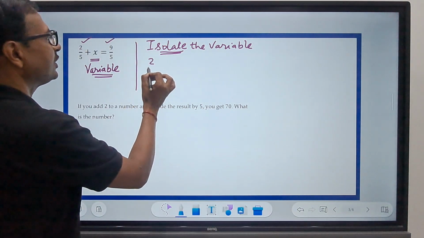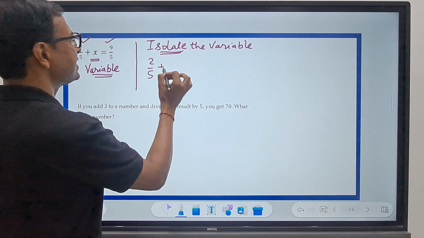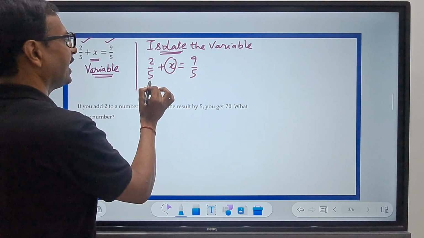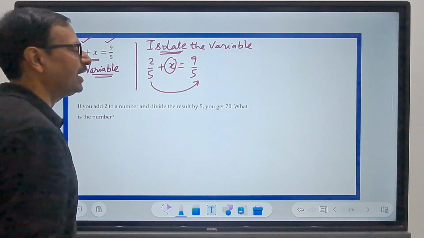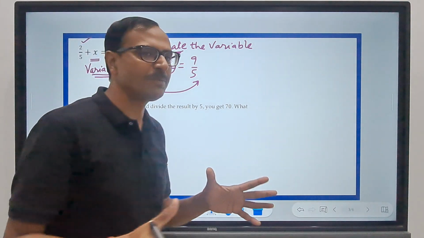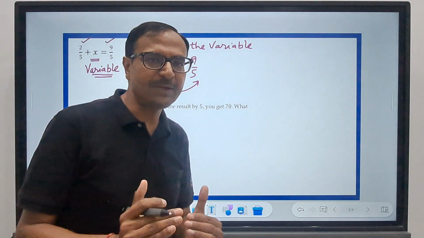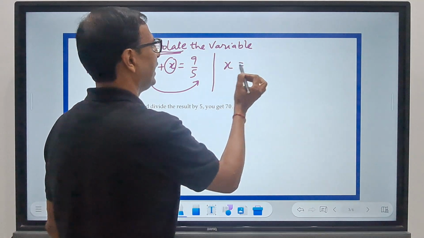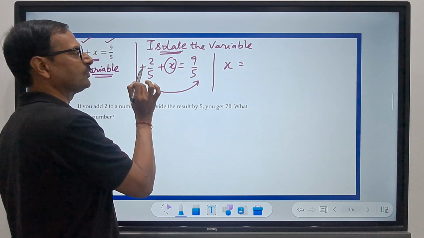So 2/5 plus x gives you 9/5. If I have to isolate x, I have to shift this 2/5 to the other side. Whenever you shift a term to the other side, you all know the sign of the term changes. So x remains here, and plus 2/5, this is plus 2/5, right?